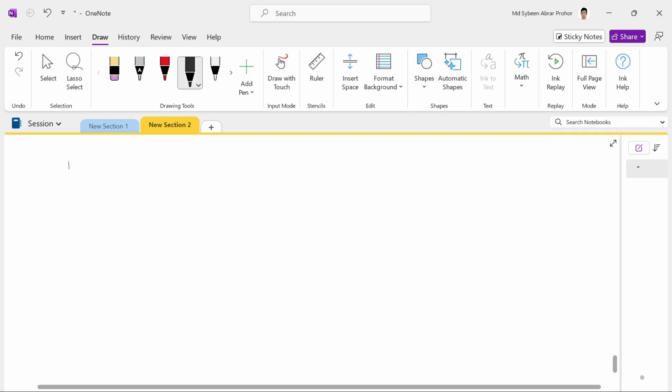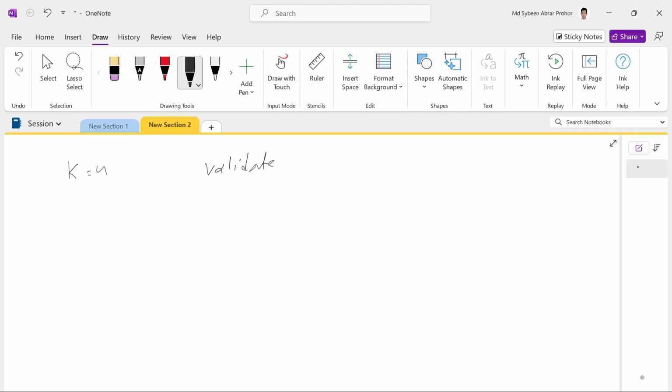Let's say that my k is equal to 4. Then that means there are 4 types of questions or chapters. So I will validate chapter 1 first, and then train the rest of the chapters. Train, train, and train. And by doing this, my accuracy was 70%.